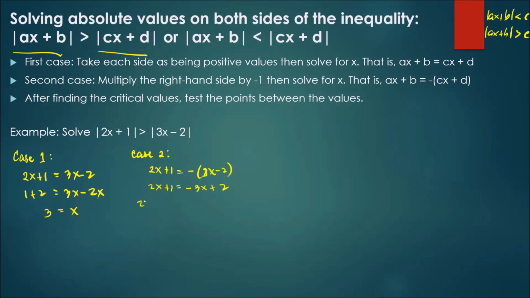Or that would be 2x plus 3x is equal to 2 minus 1. Or that is 5x is equal to 1. Or x is equal to 1 by 5. Okay, so we have here two critical points.